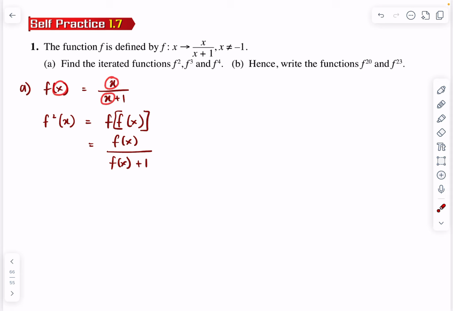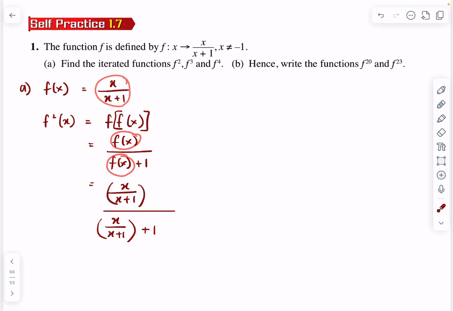Then we can sub the f(x) into this and this. So f(x) is x over x plus 1, over x over x plus 1, plus 1. So we've subbed this into the f(x).